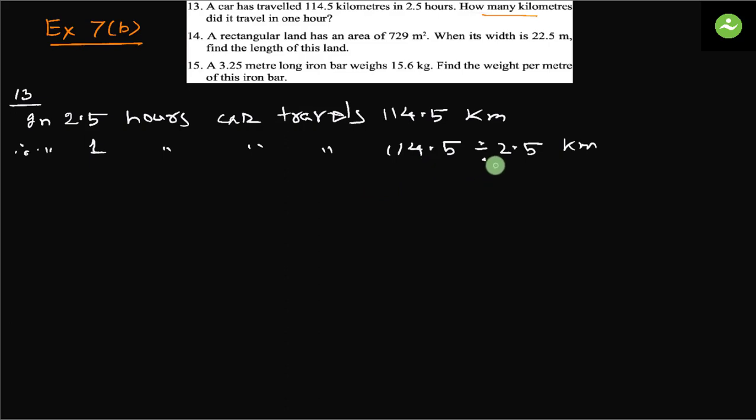Now, all these problems are division and decimal fraction.